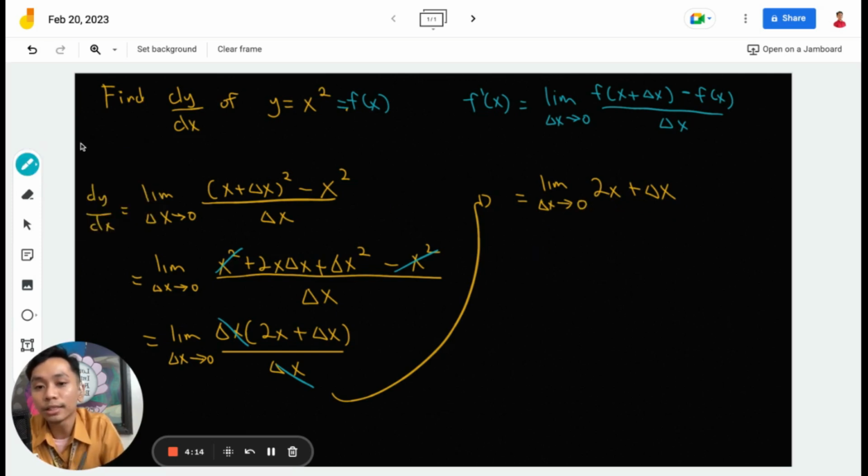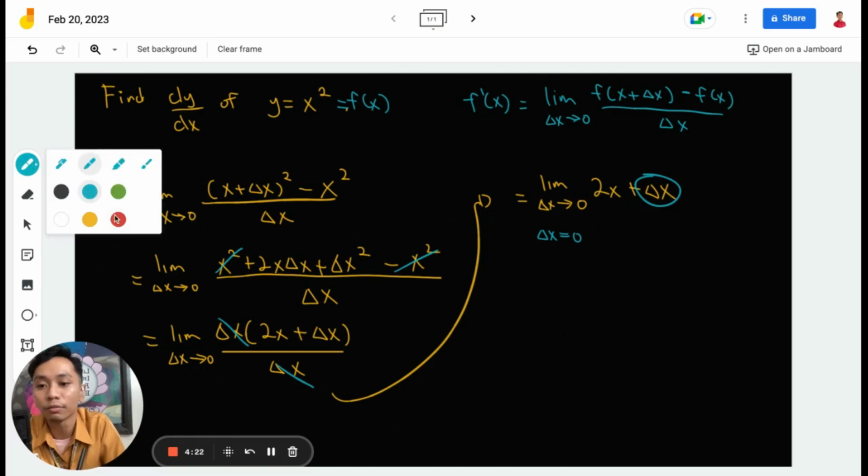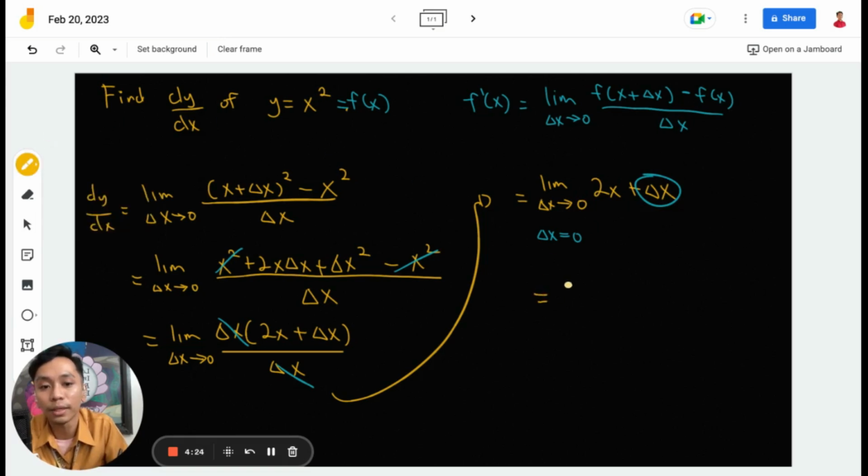And as you know, madalas natin ginagawang strategy dyan is to just assume that delta x is equal to 0. So we plug in 0 in place of delta x. Ano magiging itsura ng function natin? That will be 2x plus 0 or simply 2x. Si 2x ngayon yung derivative ng ating original function na si x squared.